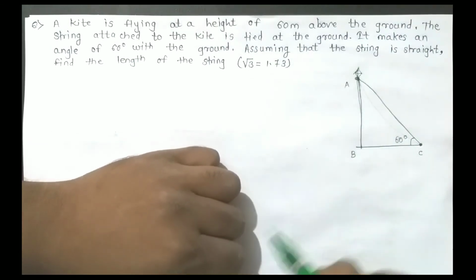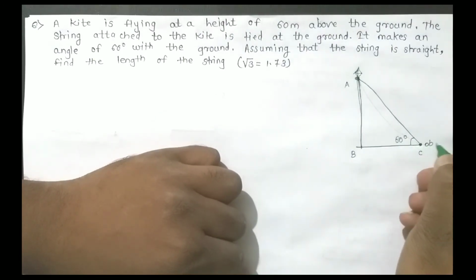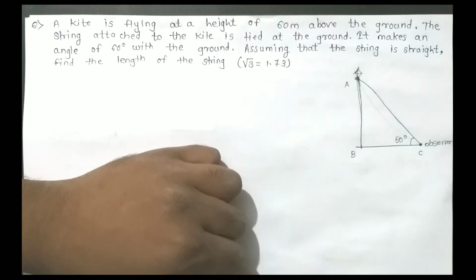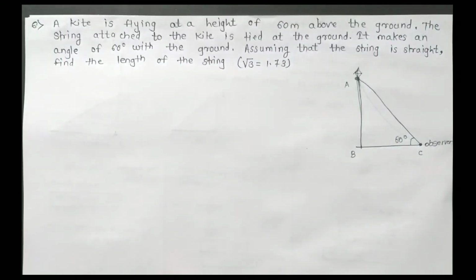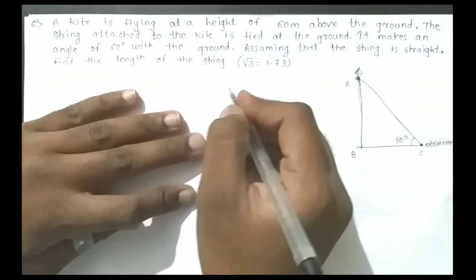Okay, simple figure. Here is the observer or a boy who play this kite, fly this kite, sorry. So we draw figure.